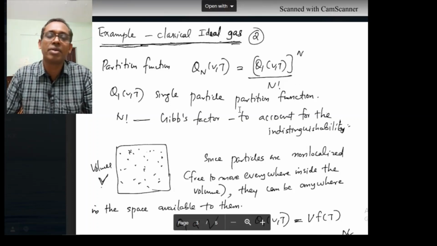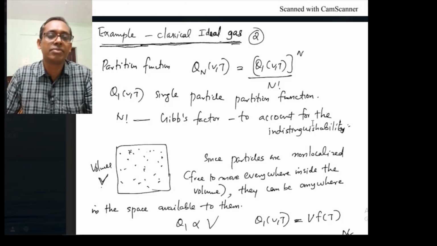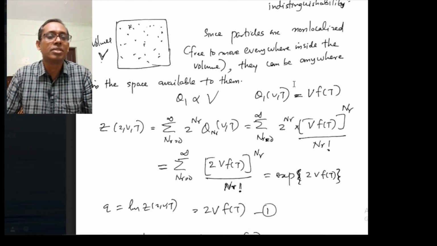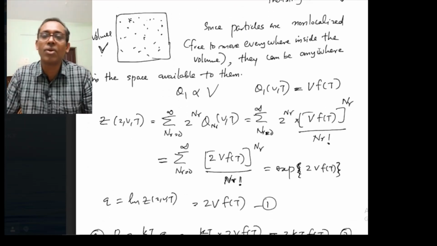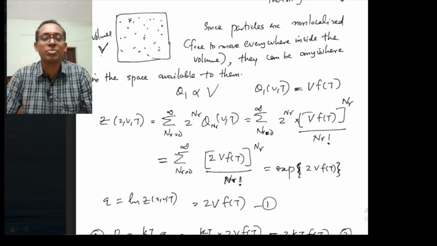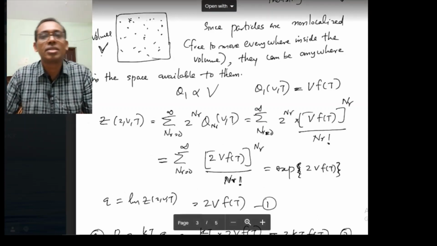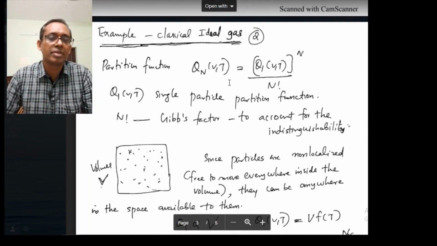N factorial, we know, is the Gibbs factor to account for the indistinguishability of the particles. Now since the particles are non-localized and free to move everywhere inside the volume, Q1, the single particle partition function, will be proportional to the volume. Q1 is actually a function of volume and temperature.